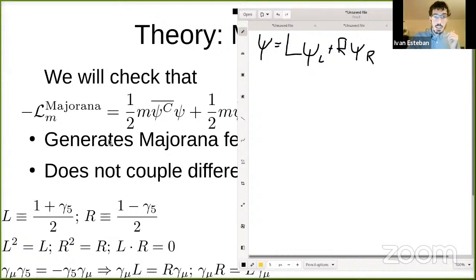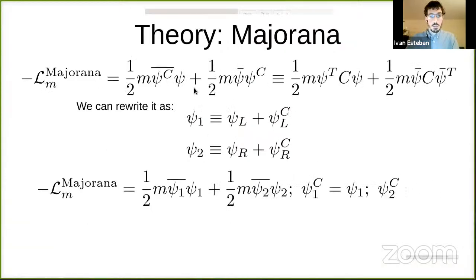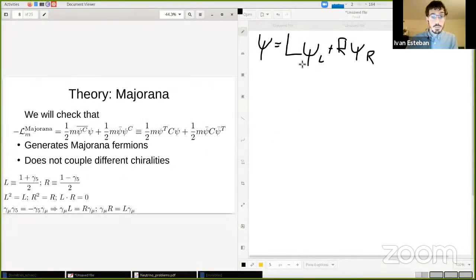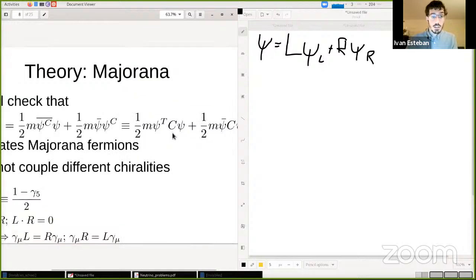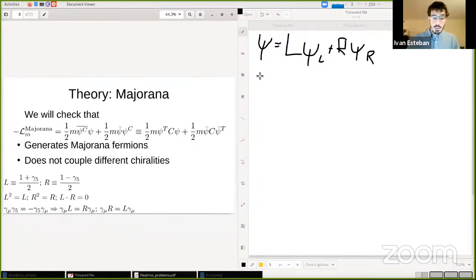Now, the important part here, and I will put this in a smaller window to emphasize it, is to understand what the charge conjugation matrix does to the left-handed and the right-handed projectors.